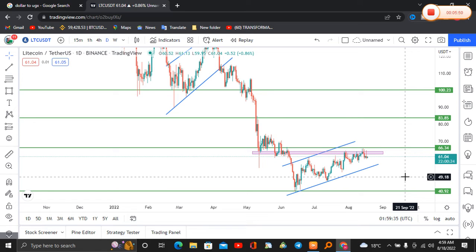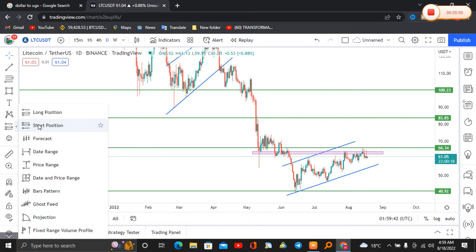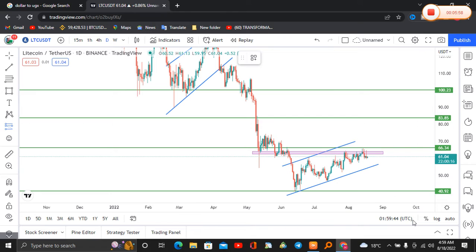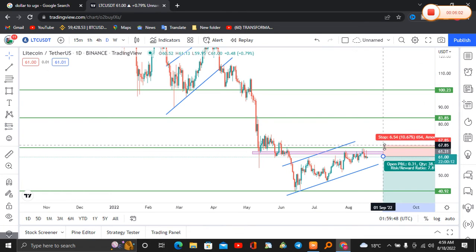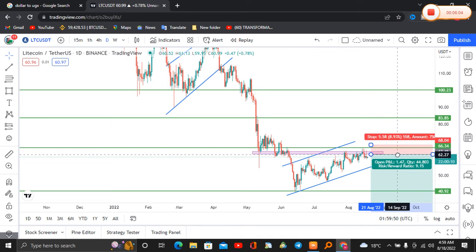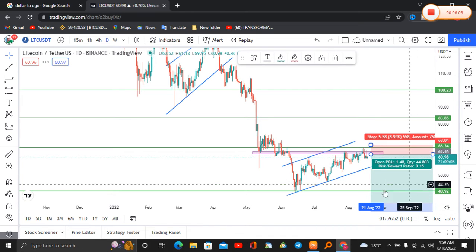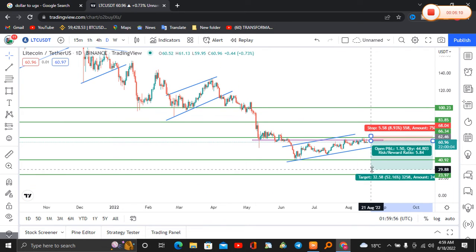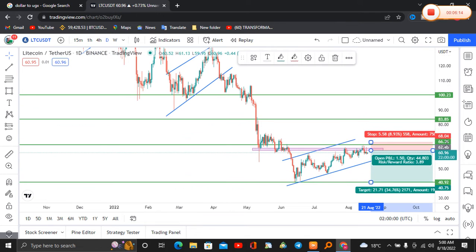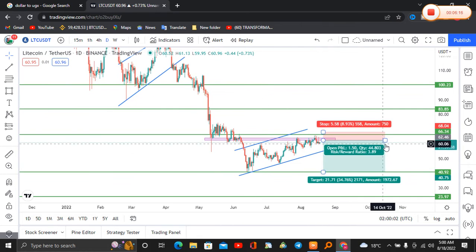Now all these patterns are pushing this particular coin in a downtrend, whereby if you are an investor looking for an opportunity to invest your money in Litecoin, wait for Litecoin to drop all the way from this level of $60 until the level of $40 for you to invest your money.